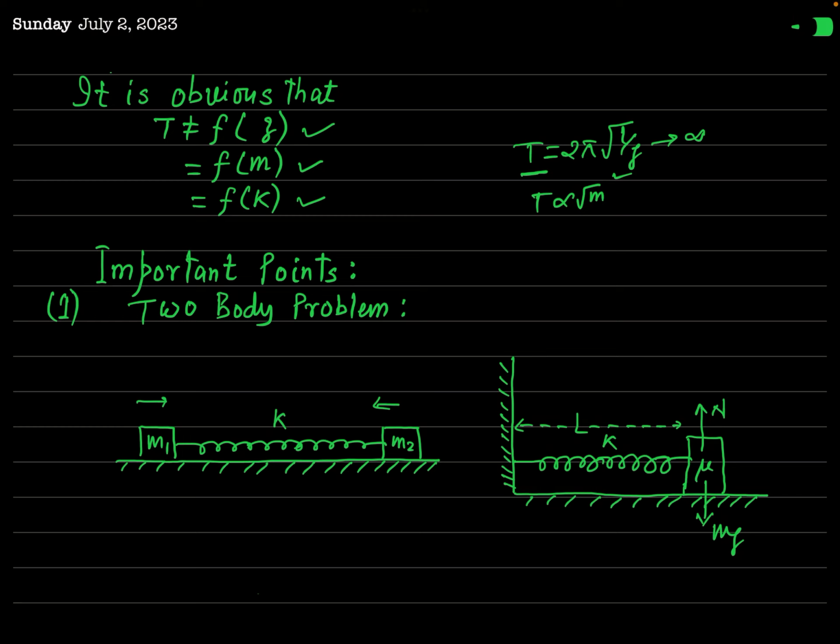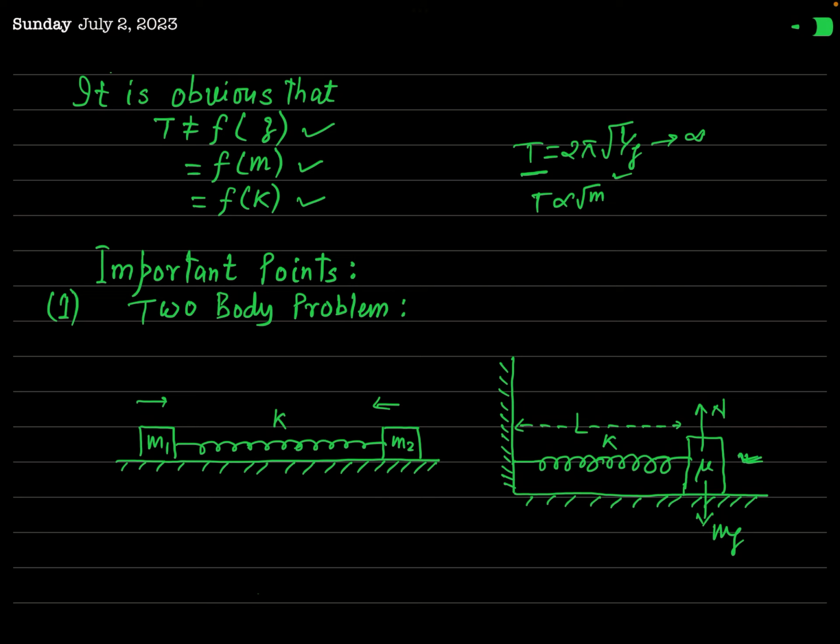Actually, you can imagine that this spring is attached to a single mass having mass mu. You can see this second figure. The other end of the spring is attached to an infinite mass, that is, a wall. When you say wall, that means infinite mass. If mu is the reduced mass of this system, then this two-body problem is equivalent to this one-body problem.